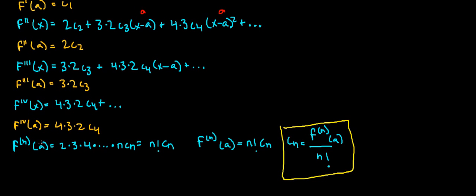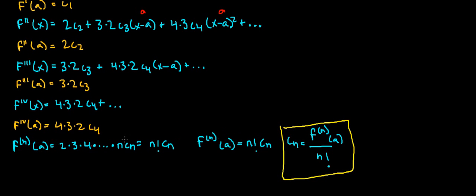So this pattern is developing. The nth derivative of f at a is giving 2 times 3 times 4 up to n times Cn. Whatever the coefficient number is, that is how many we're going to multiply. If we're at the fifth one, it's going to be 5 times 4 times 3 times 2 times 1, but we don't include 1. If it's 8, it's going to be 8 times 7 times 6 times 5 times 4 times 3 times 2.